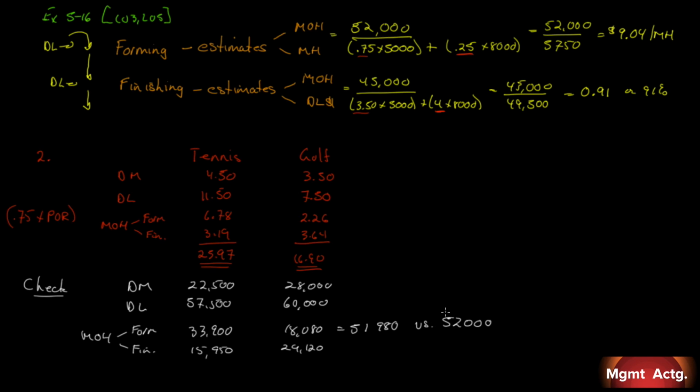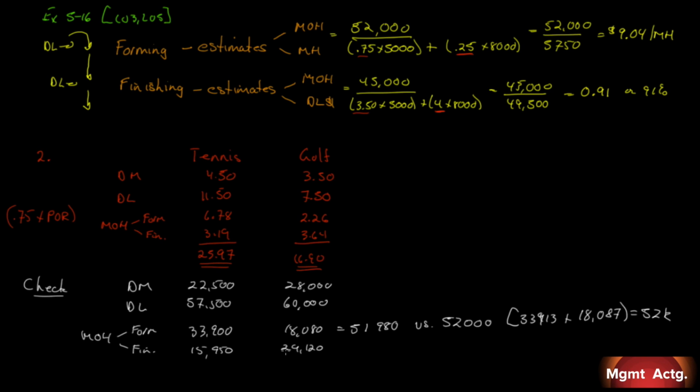Why are we off? Well, it's because we rounded off up here to the 9.04. If we didn't round off, this 33,900 would be 33,913, and the 18,080 would be 18,087, which would equal our 52K.